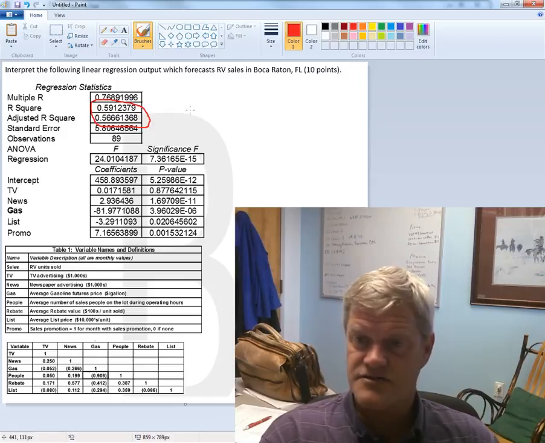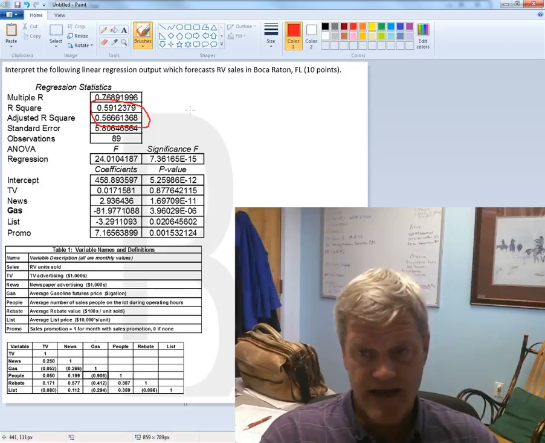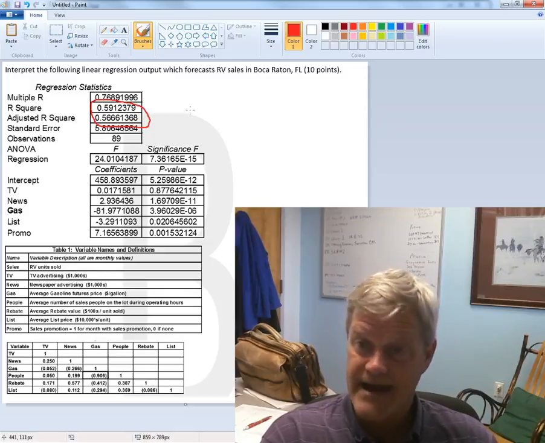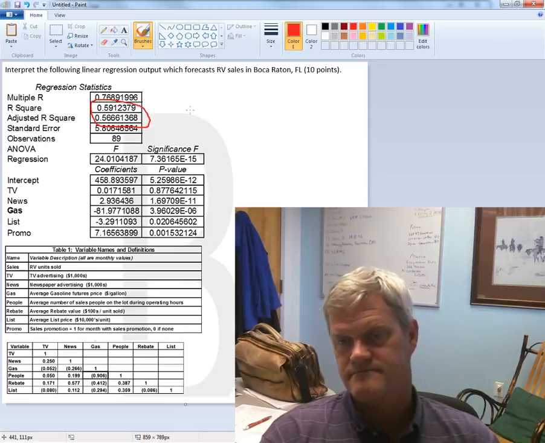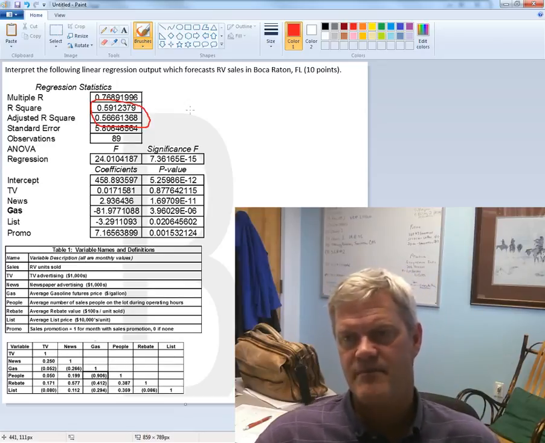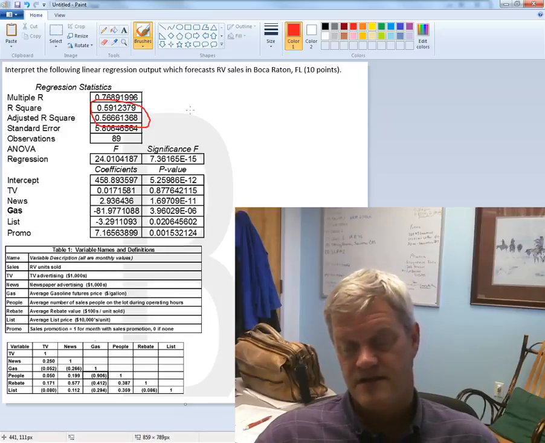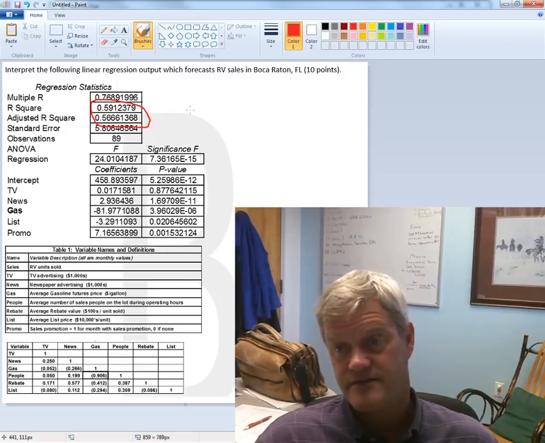There are other models of things that are very easy to forecast, in which case you might have an R-squared of 0.9, which is very bad. So when I look at that 0.59 right there, that really doesn't mean much to me unless I have something relative that I can compare it to.